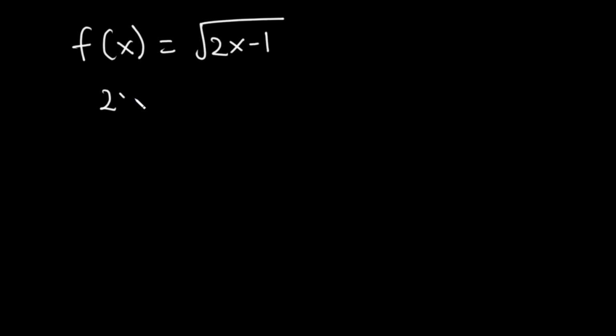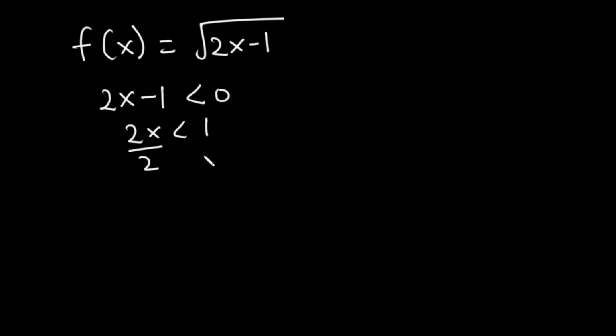Now there is an alternative approach to this problem. We had the function f(x) = √(2x - 1). So we can set what's inside to be less than 0, so that we have 2x - 1 < 0. Now we transpose -1 to the right-hand side, and then we have 2x < 1.